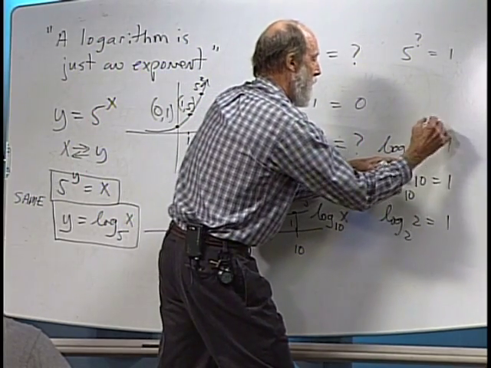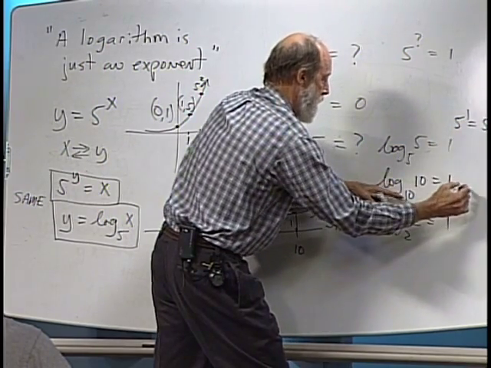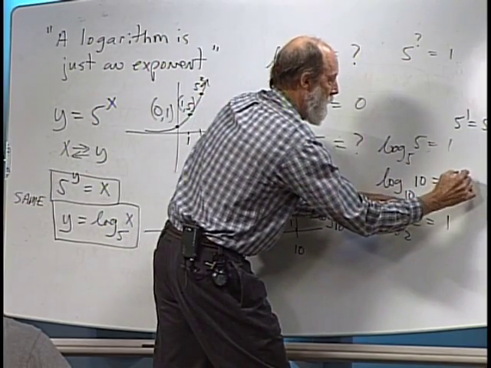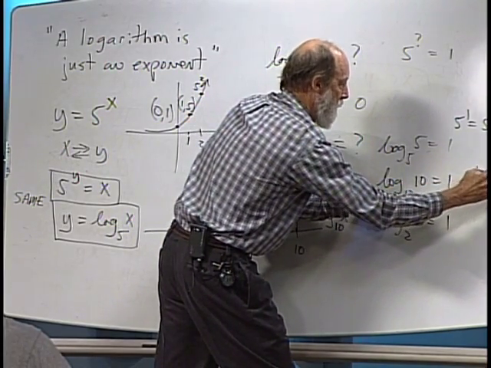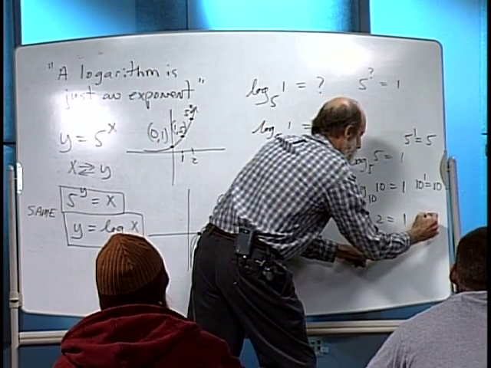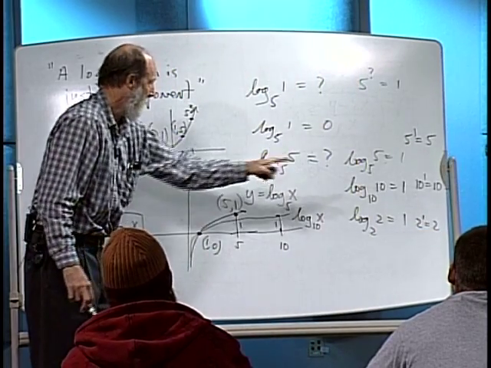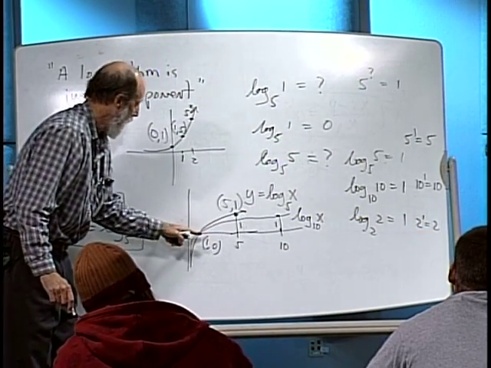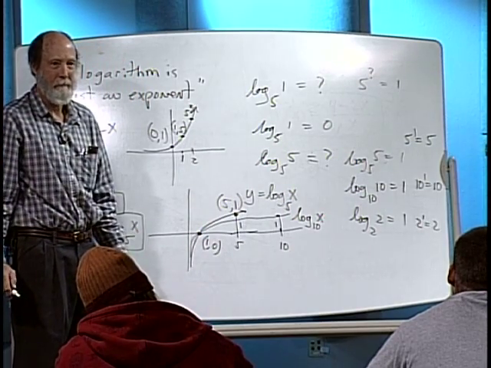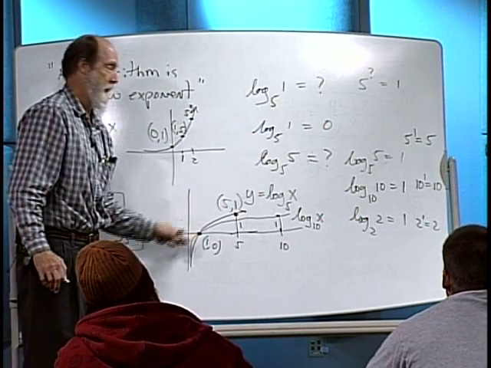So this says 5 to the 1 equals 5. 10 to the 1, the exponent is 1. 10 to the 1 is 10. 2 to the 1 is 2. And those are just points on the graph. You have to go out to the basis value to be up at a height of 1. So I'm trying to make an algebraic connection for you and a graphical connection.